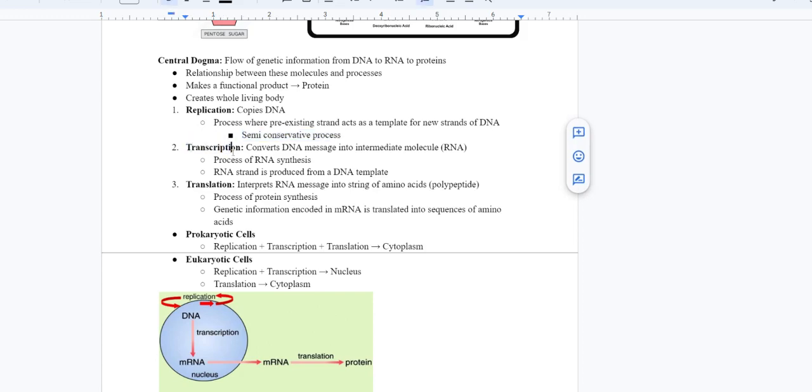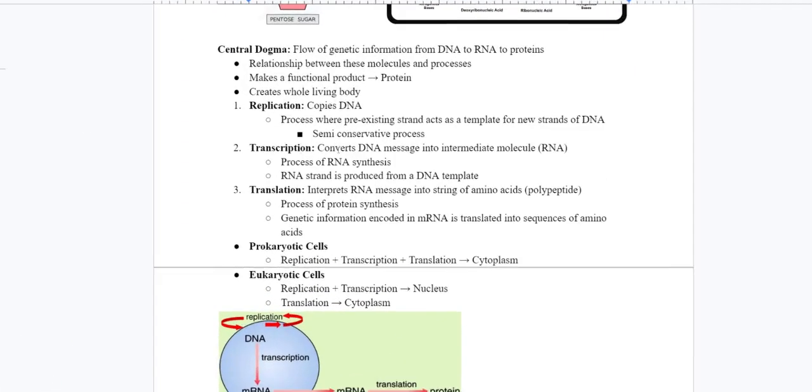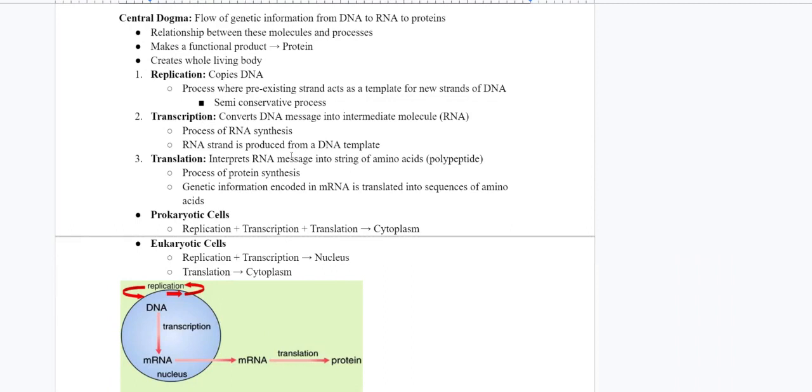The second is called transcription. And what transcription is, is the conversion of DNA message into an intermediate molecule. So it's DNA into making RNA. Transcription is literally just making RNA. And so the product of transcription is RNA, and RNA is then made from the DNA.